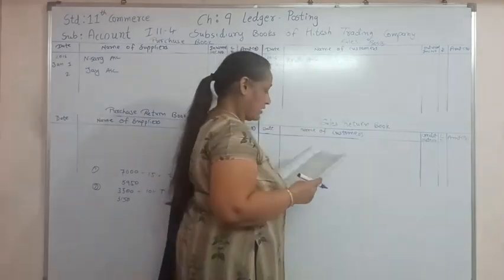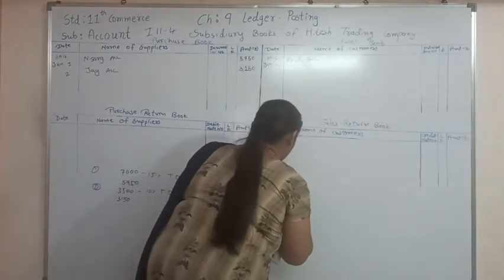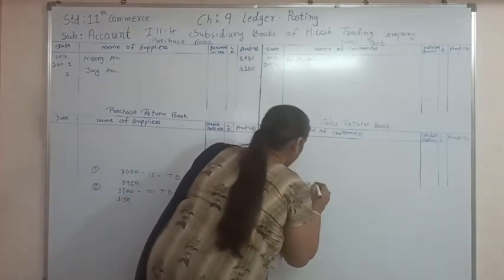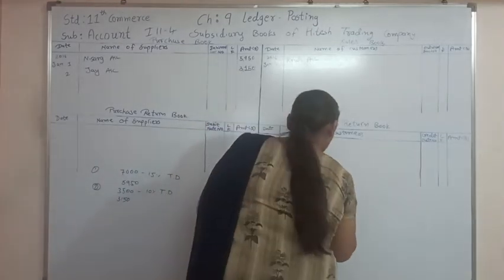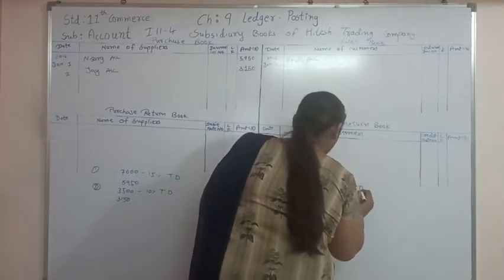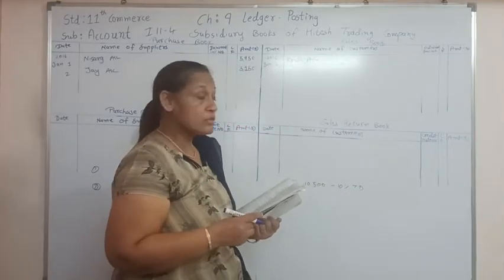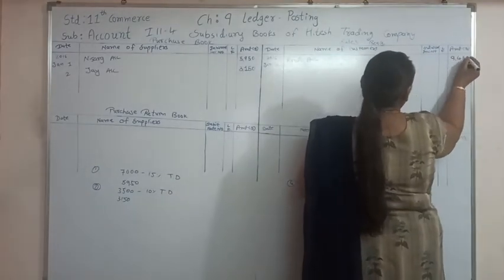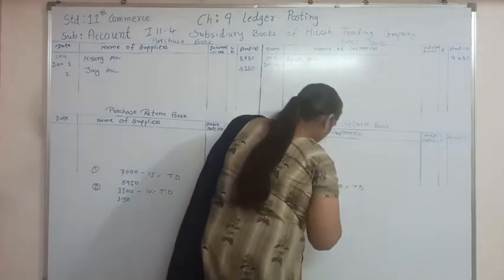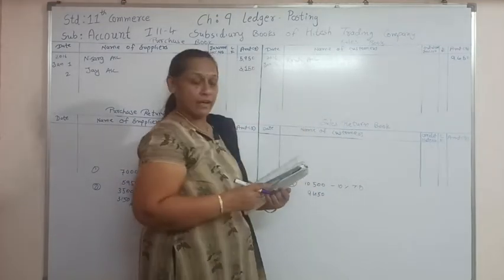And here the goods are of rupees 10,500 and trade discount is 10%. So here the amount of goods will be 9,450, that we are going to record over there.